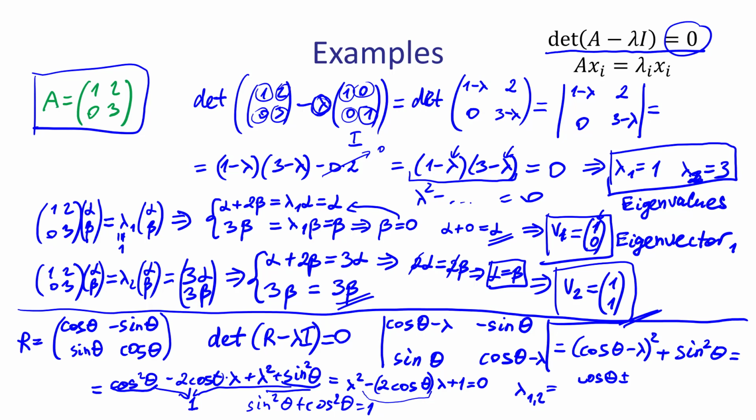So you can remove all of that and write cosine theta plus j sine theta. And pay attention, what is that? You can write by Euler identity that this is exponent of j theta. This is our eigenvalue of that rotation matrix, e to the power of j theta. This concludes that example.